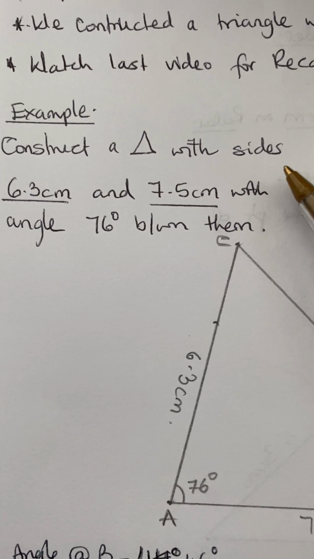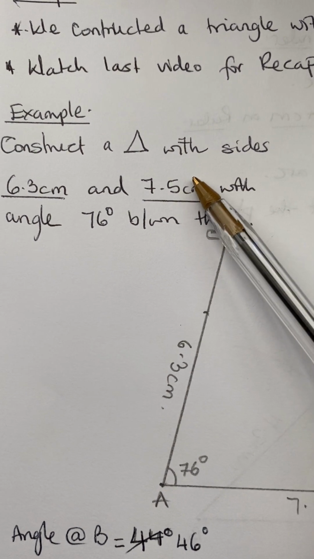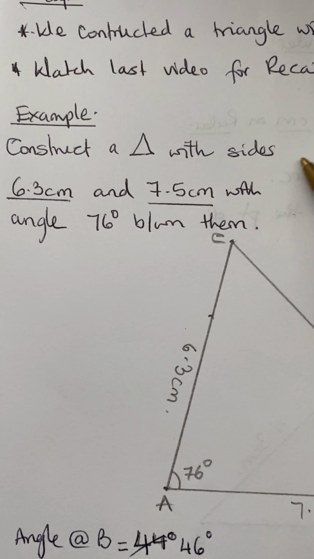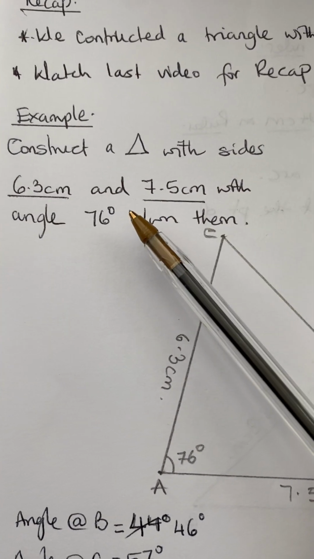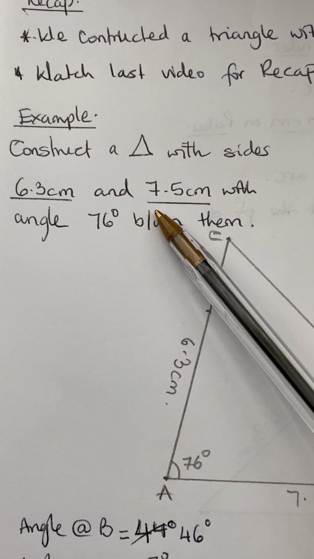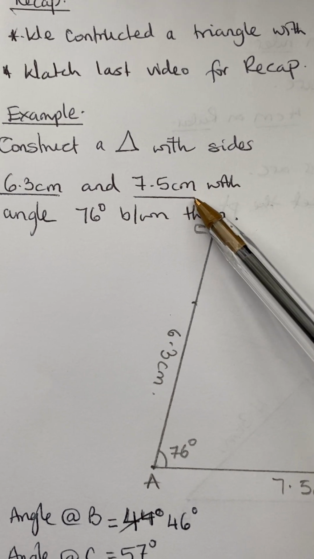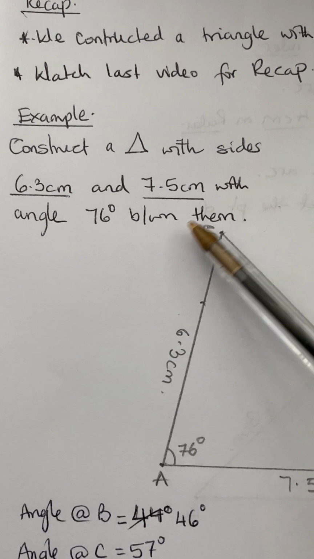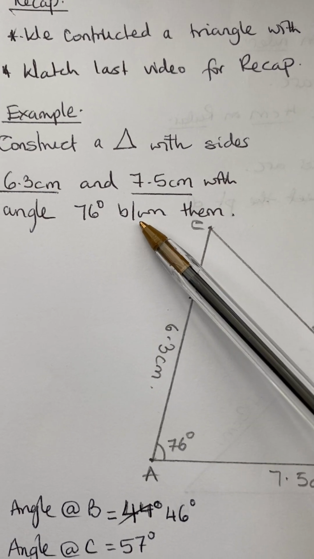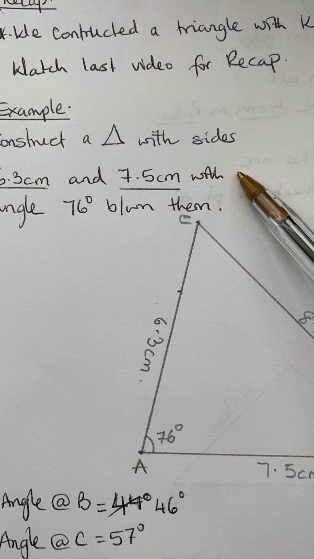So this is what we did yesterday. Construct a triangle with sides 6.3 centimeters and 7.5 centimeters with angle 76 between them.